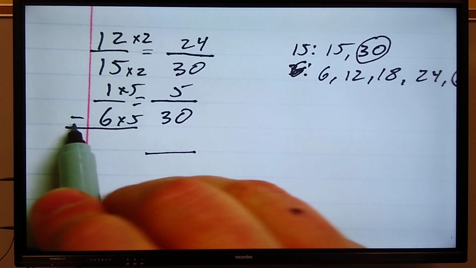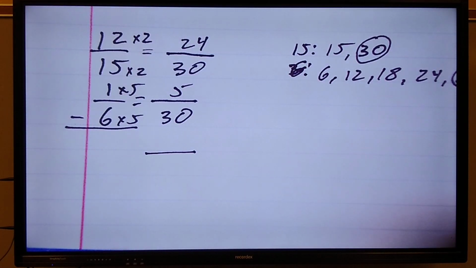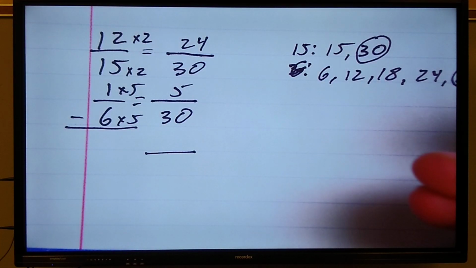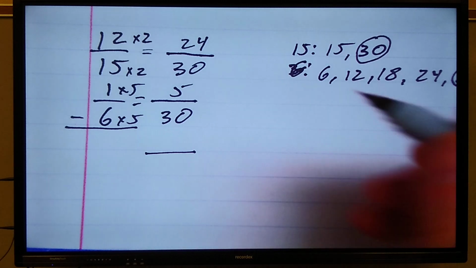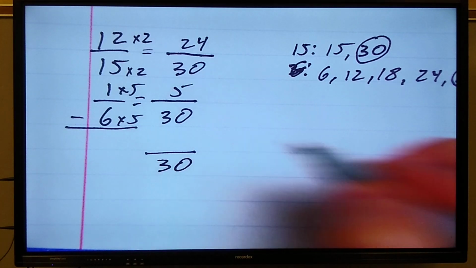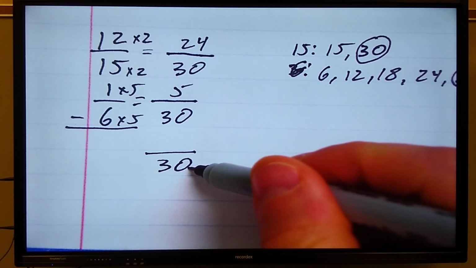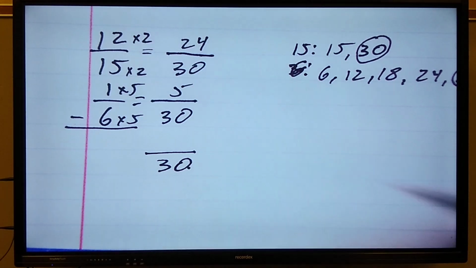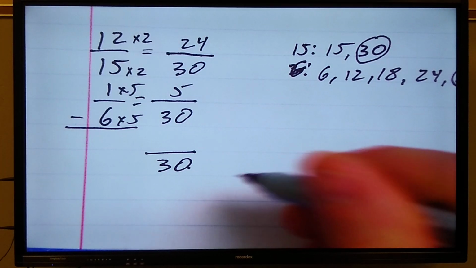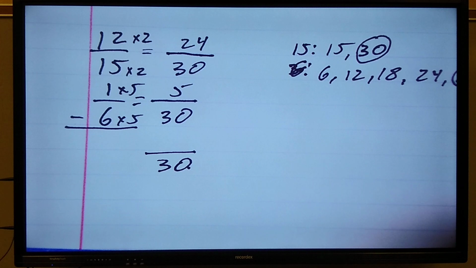Now we are subtracting. So, you know that the least common denominator, of course, will come down to being your denominator as well. So you should have 30 as your denominator.